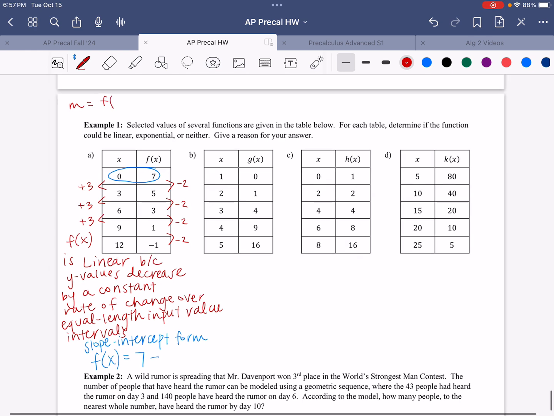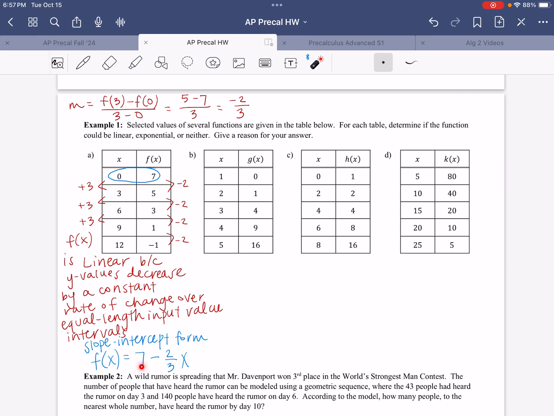So I'm going to do f of 3 minus f of 0 over 3 minus 0, which would be 5 minus 7 over 3, which would be negative 2/3. So in my equation, the slope would be negative 2/3, and I would have 7 take away 2/3 each time. 7 minus 2/3 x.